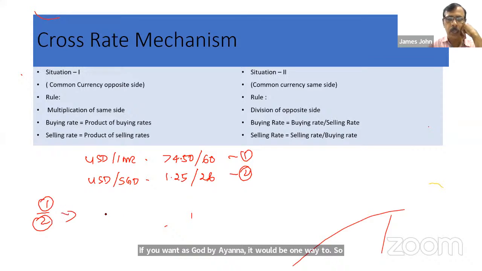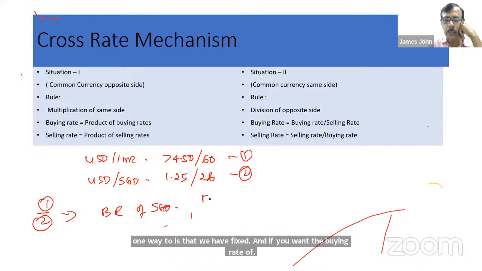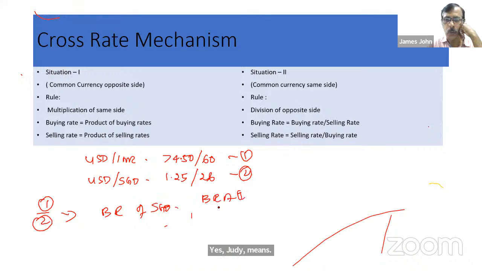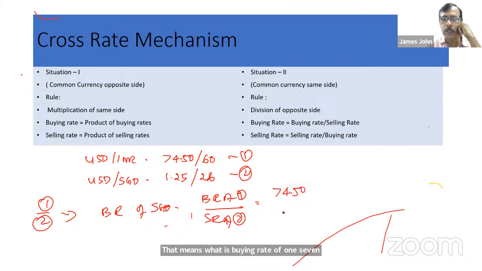We have fixed that. If you want the buying rate of SGD, it means buying rate of 1 divided by selling rate of 2. That means the buying rate of 1 is 74.50 by the selling rate of 2, 1.26.